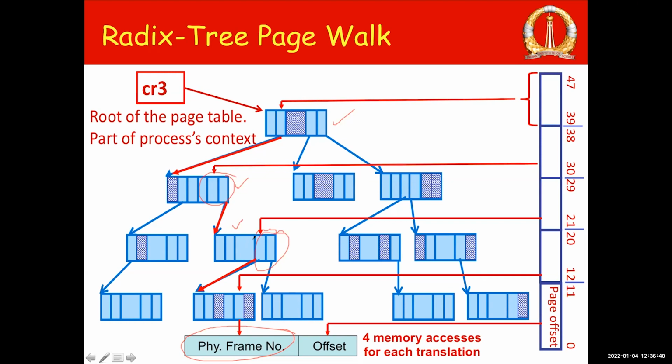So these page walk caches cache the page table information typically at the second and third level. There are some reasons why they do what they do.